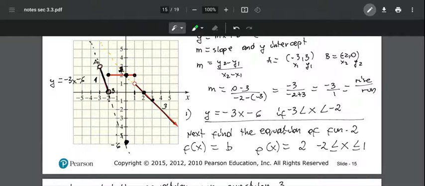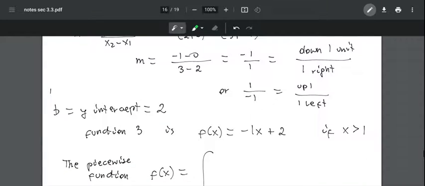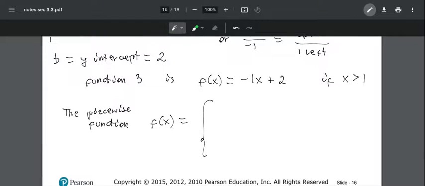So I'm talking about this one. This is the equation of the function, negative 3x minus 6, which works only for x's from negative 3 to negative 2. So we have negative 3x minus 6 if x is restricted between negative 3 and negative 2.